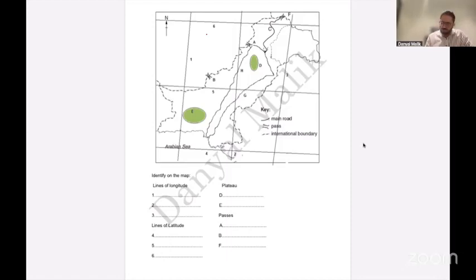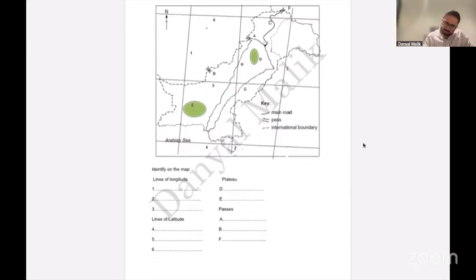So let's see. Number one we have is 68 degrees east.